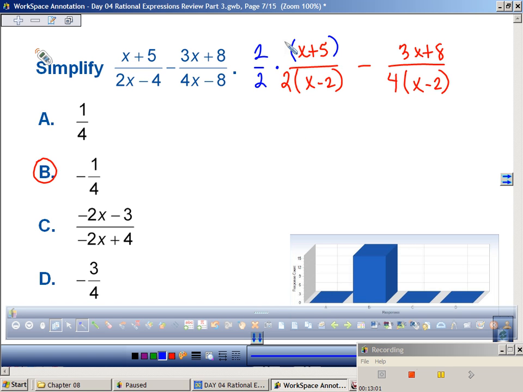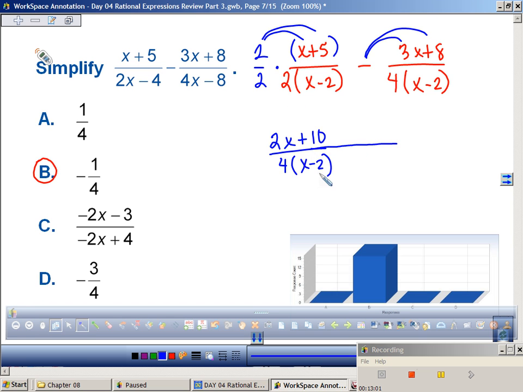So when I distribute that, and I distribute this negative to everybody, I should have 2x plus 10 all over 4 times x minus 2. I can say plus now. I don't even really need, right?